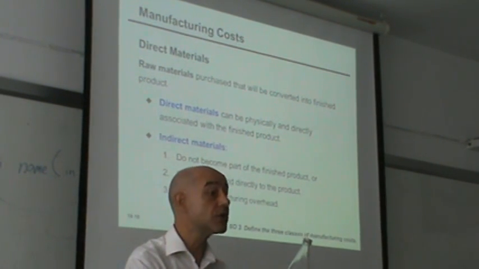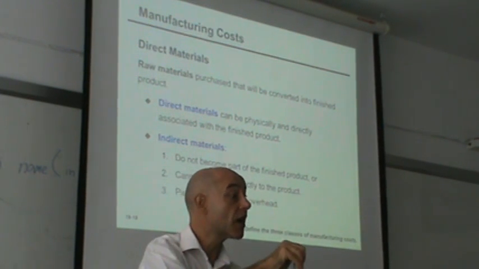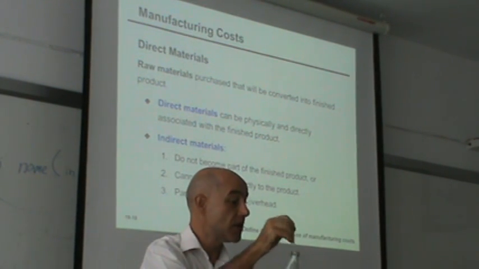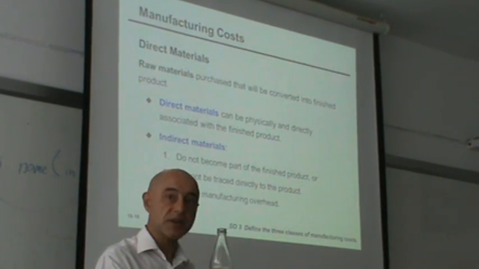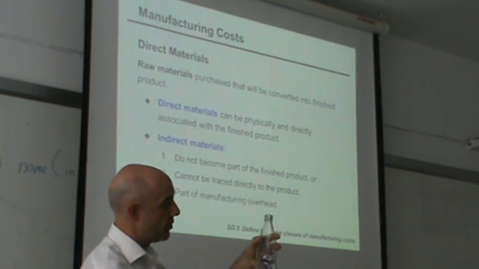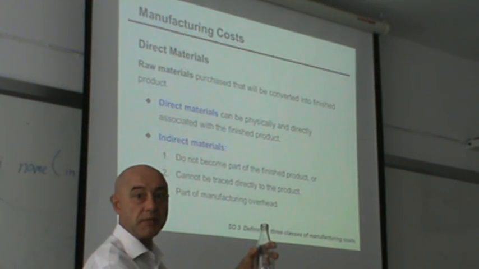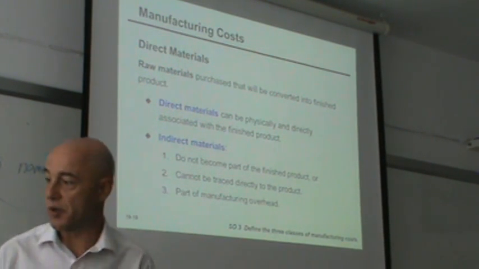The bottle always works with the water. Okay? And if you got water, you always have a cup. Okay? So the cup will be a direct material. The water is a direct material. The bottle is a direct material. And the label is also direct material. Okay? Because you can directly associate it with water.